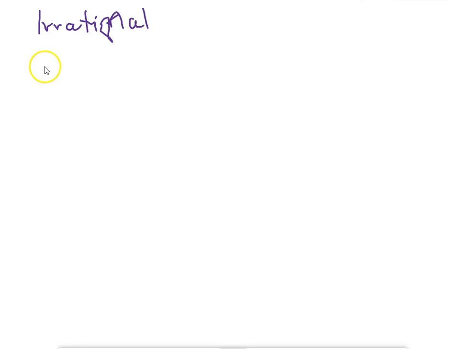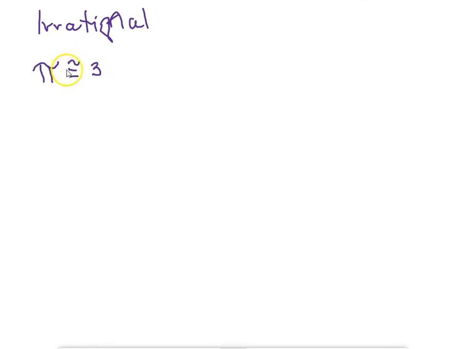An irrational would be a case of a number that never has a repeating pattern, and it goes on forever. One of the most famous examples of it is pi. We call it 3.14, right?